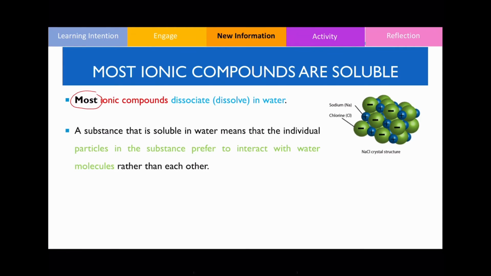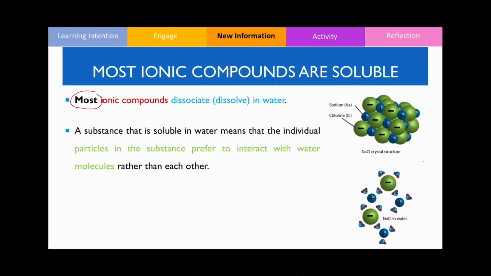The reason why ionic compounds are able to dissolve in water is because the individual ions in the compound prefer to interact with the water molecules rather than interact with each other, okay? And it's due to this preference that the ions dissociate and therefore dissolve in water.